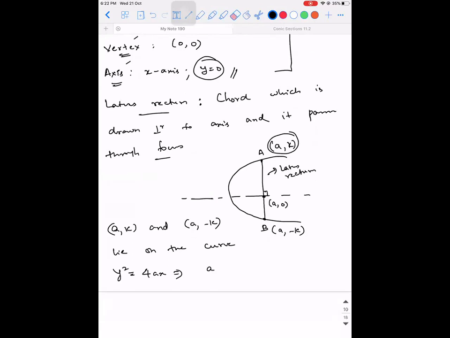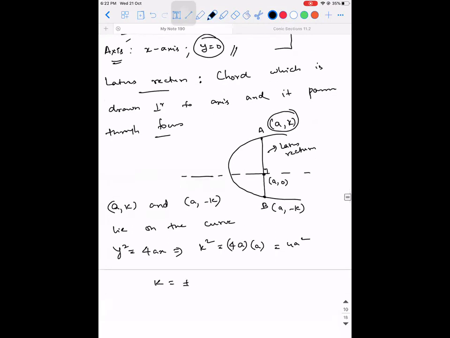You will have k square is equal to 4a into a, that will be 4a square. So k will be equal to plus or minus 2a. So this point will be a comma 2a and this point will be a comma minus 2a. Right? So this height is 2a and this height is 2a. So what will be the length of the latus rectum?